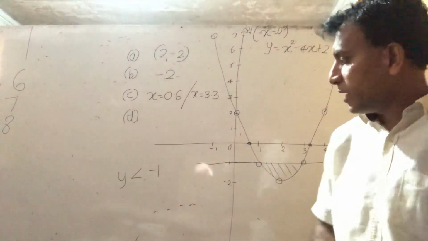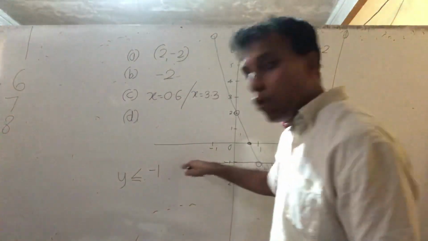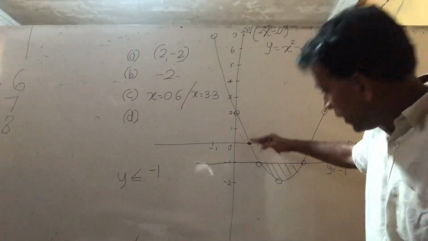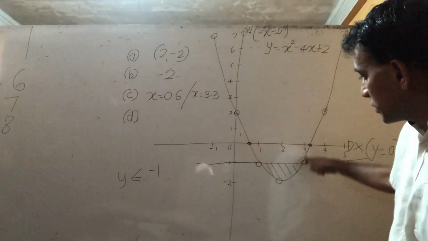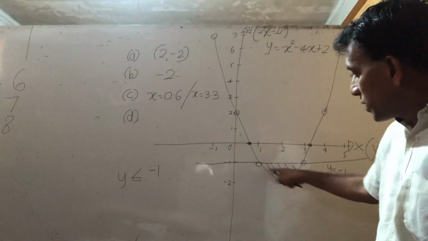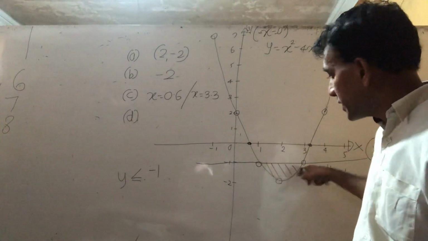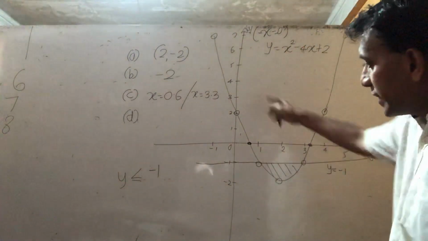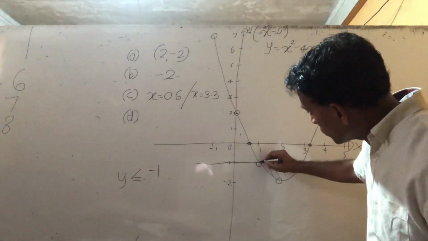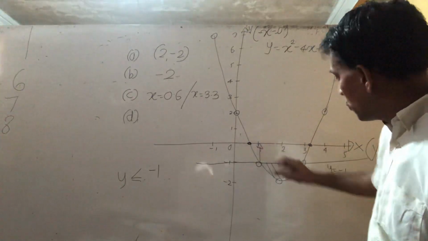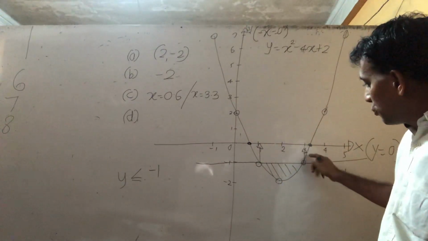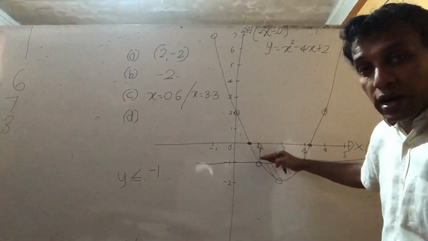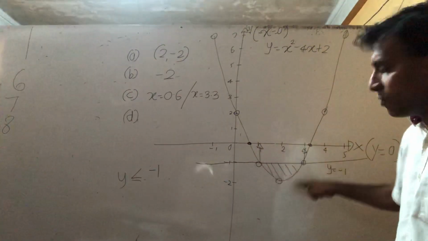If it is equal, draw a bold straight line. So y less than or equal to -1 is below this. What are the x coordinates of the start point and the finishing point? See where this line and the curve cut. One x value here, the other value there. So between 1 and 3, the graph takes values below -1.